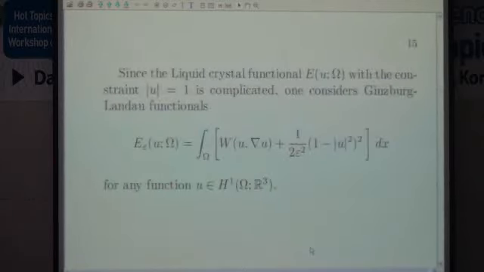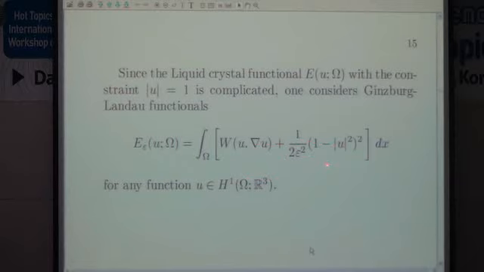In mathematics, maybe someone knows this. The value of u has norm equal to 1, because it's a vector, right? Norm equal to 1 is complicated. Then in mathematics, there is the Ginzburg-Landau function that can approximate it. People always say your original u has values in S2. However, from a mathematical point of view, we can use an approximation model.